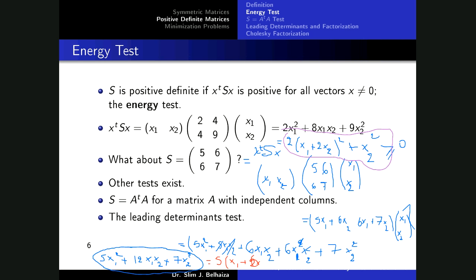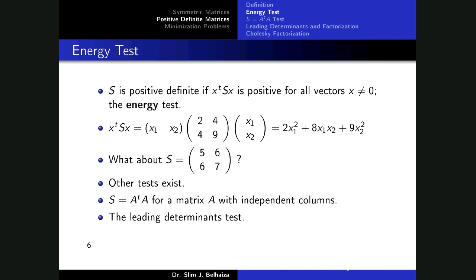I'll write it in a better way. So I had 5x1 squared plus 12x1, x2 plus I guess I had 7x2 squared.